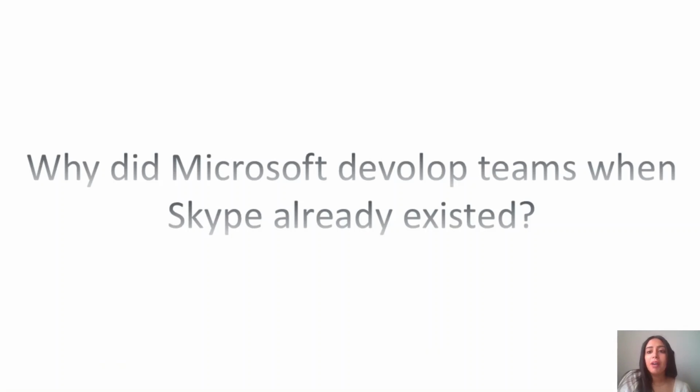So, why did Microsoft develop Teams when Skype already existed? Microsoft wanted to build a collaborative platform that can work seamlessly with applications in the Office 365 suite. Although Skype evolved significantly since the time it was launched, there could be only so many improvements made to its legacy architecture. It is under these circumstances that Microsoft had to build a brand new communication and collaboration platform, now called Microsoft Teams.